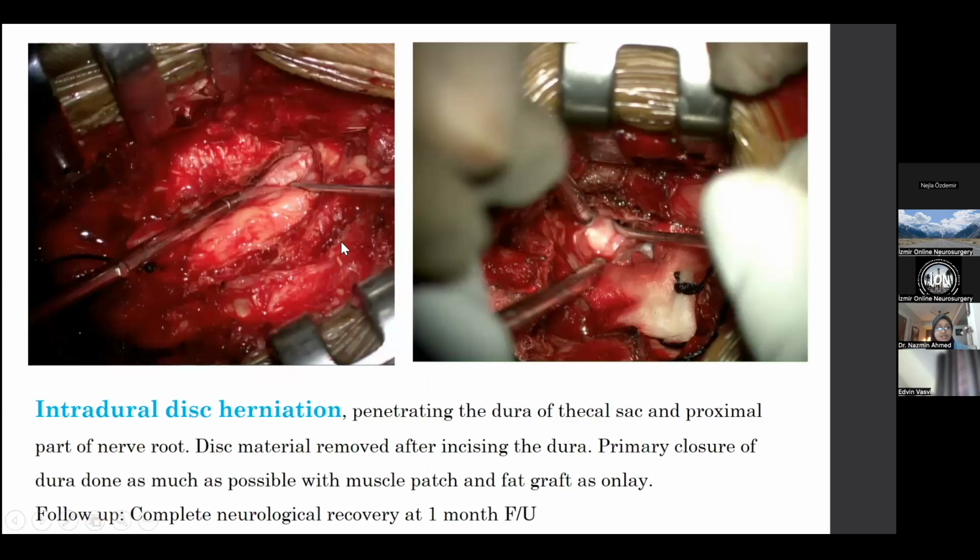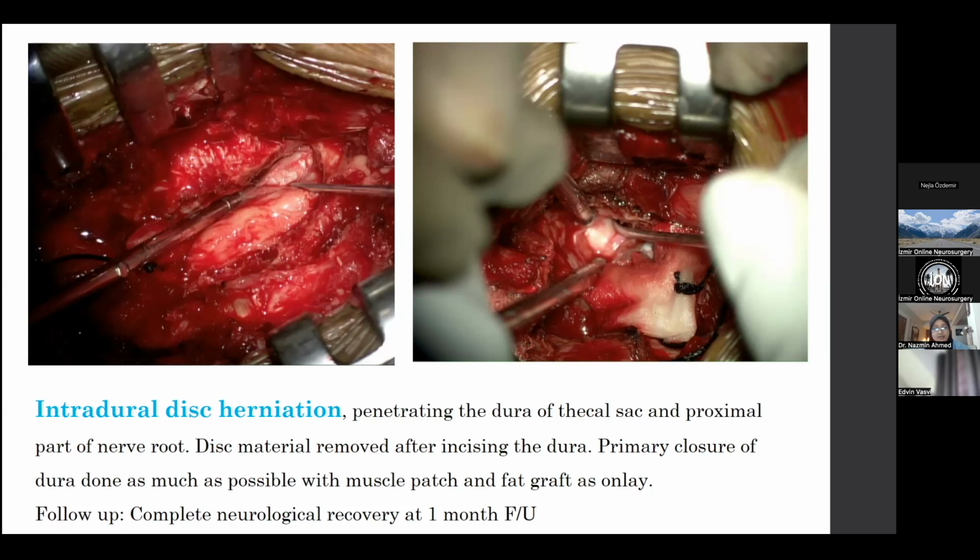What we detected in the operation, after retraction of the dura, was that we didn't notice any disc material. There is huge swelling of the nerve root, and some kind of mass lies in the thecal sac. We detected it through tactile palpation.